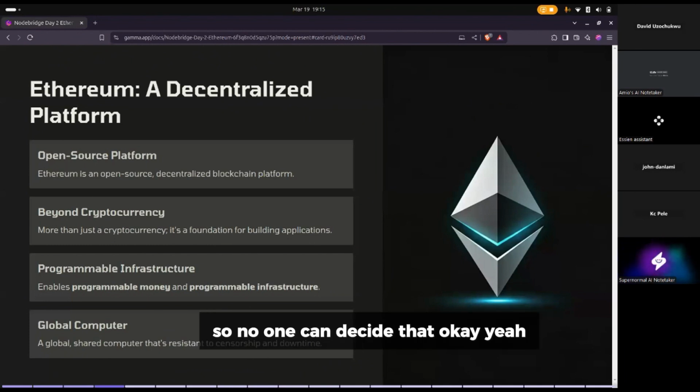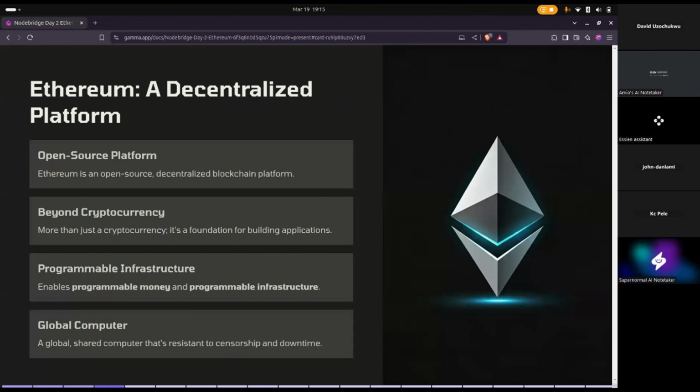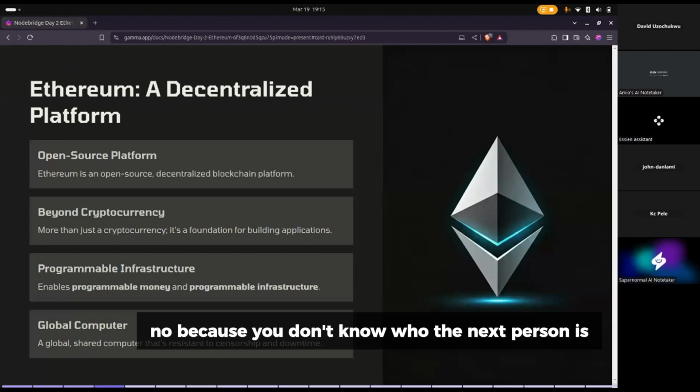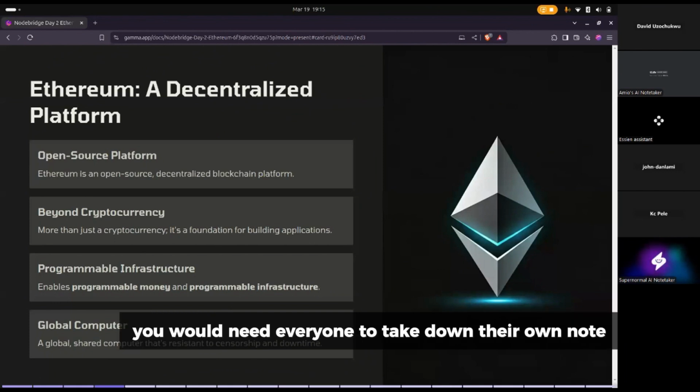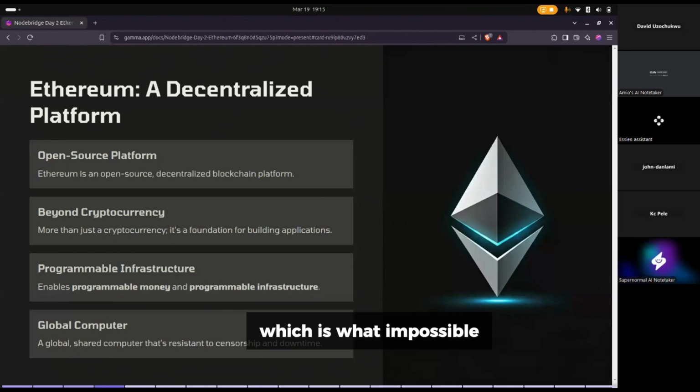No one can decide, okay, let's just take down our computers, because you don't know who the next person is. You don't know who you're connected to. If you wanted to take it down, you would need everyone to take down their own node, which is impossible. So let's move to the next slide and see what we have.